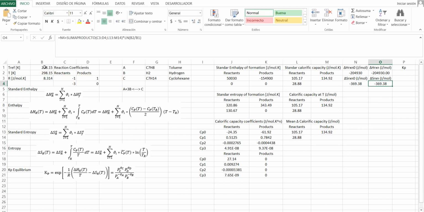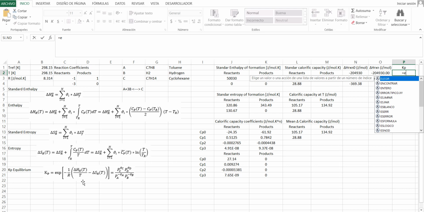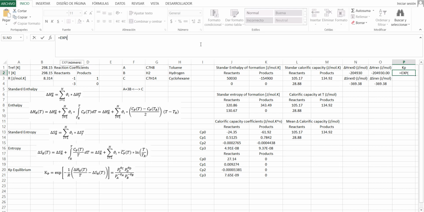So we are almost there. We can now do the final step to calculate the Kp equilibrium. So we see in this equation, we need to calculate this. It would be the exponential function of what? Of 1 over the gas constant. Be careful about the units here.